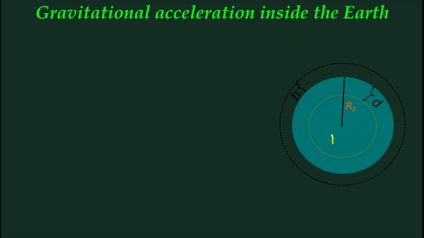If m inside is the mass inside this spherical surface, then the Gauss law will be the integral of g dot ds equal to minus 4 pi the gravitational constant G times the inside mass.